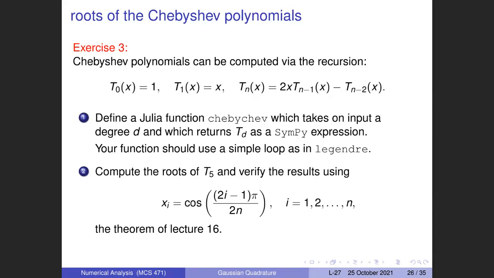All right, this is Gauss-Legendre. The purpose of the next exercise is that you do this with the Chebyshev quadrature rules. In a very similar way, this exercise is actually a little bit easier than the Legendre function, because you have already here an explicit representation for your Chebyshev polynomials.